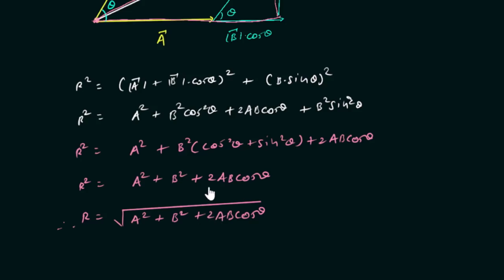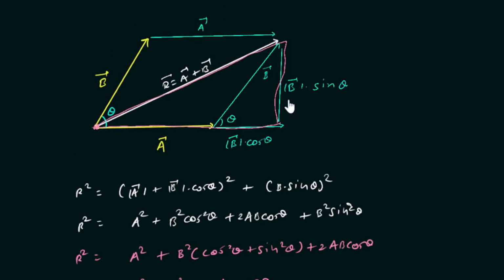But what will be the direction of this resultant with respect to the horizontal vector? Now let us move back to the diagram. This angle is alpha. Alpha is the angle with the horizontal vector, which is our vector A. Now let us make the calculations.